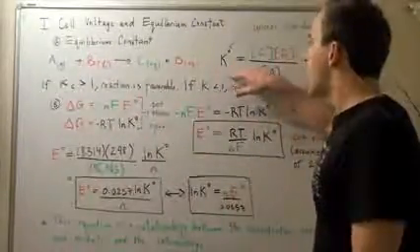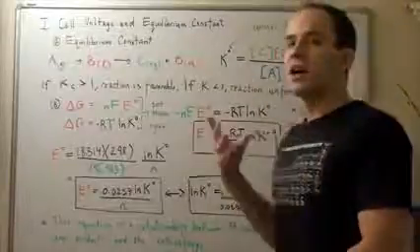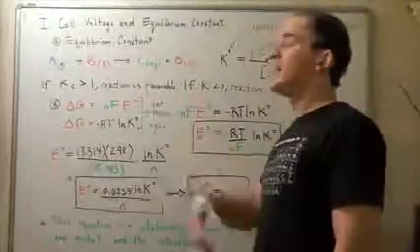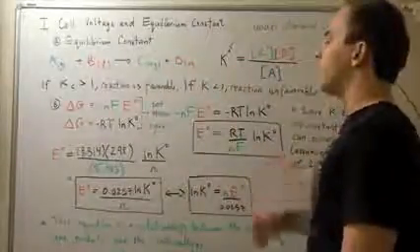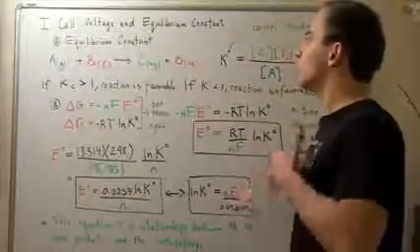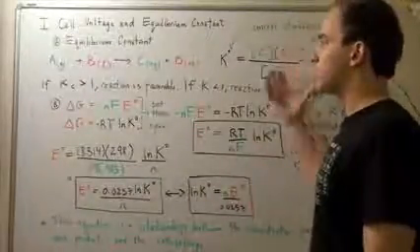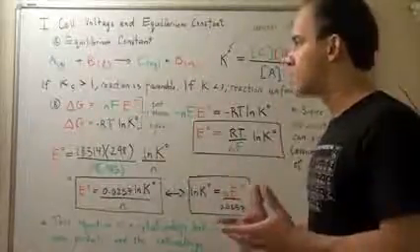So our equilibrium constant under standard conditions is equal to the concentration of product C times the concentration of product D divided by the concentration of reactant A. Now remember, whenever we're writing our equilibrium constant expressions, only aqueous molecules and gas molecules count.